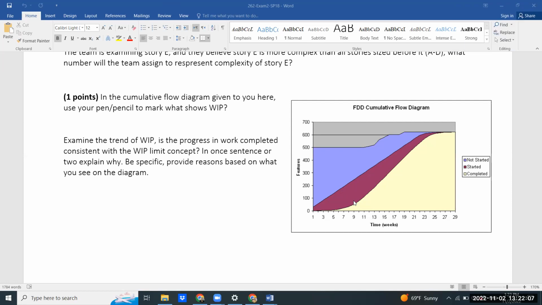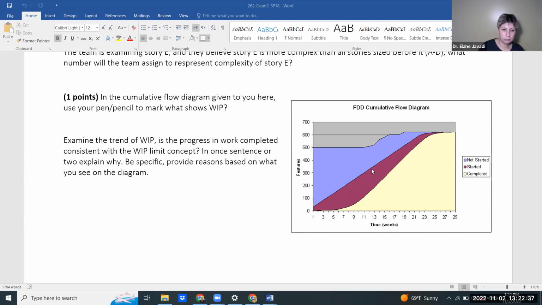I feel like they're still learning it. Exactly, because they make it wide. It's really wild here. Look, some of the weeks, they are making their work in progress very wide. And then toward the end, they realize that, yes, we have to make sure this is stable, this is limited. So the question, let's see what it asks you.